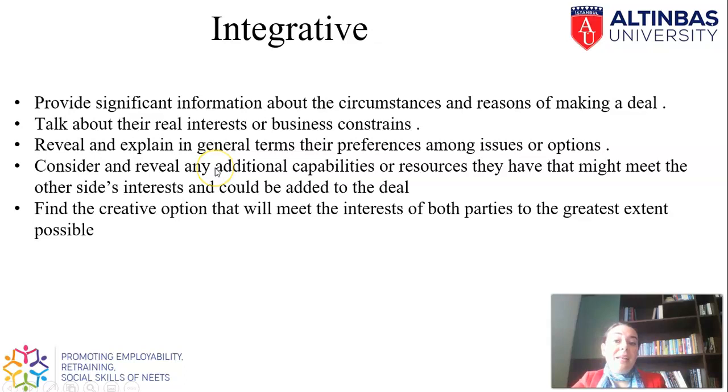Consider and reveal any additional information, capabilities or resources that might be of interest to the other side and could be added to the deal. So the negotiation is not all over a single issue but multiple issues, finding the creative option that will meet the interests of both parties to the greatest extent possible.